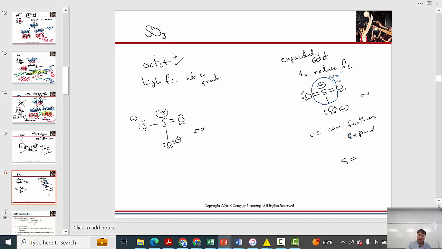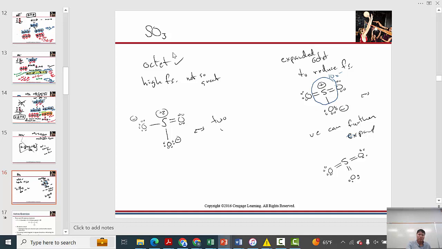If we go with 3 double bonds, like that, how many resonance forms for this can I draw?